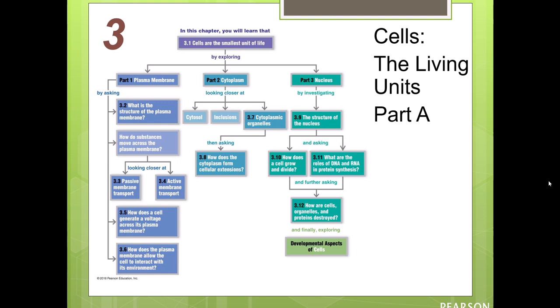But where most of the action happens in terms of how cells interact with each other, how they repair themselves, how they contain our DNA, and how our DNA is the basis for everything, is in part 3. So most of these lectures are going to focus in part 1 on the plasma membrane and part 3 on the nucleus, but we will briefly talk about part 2 as well.